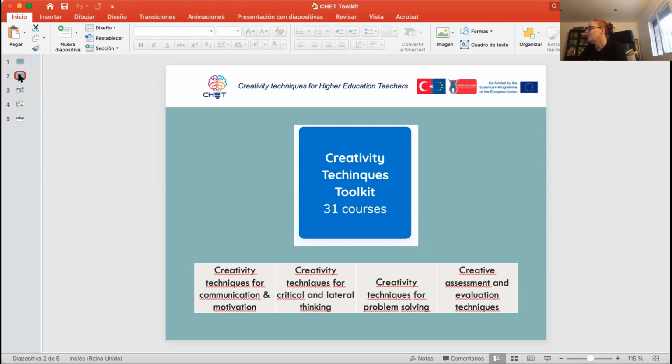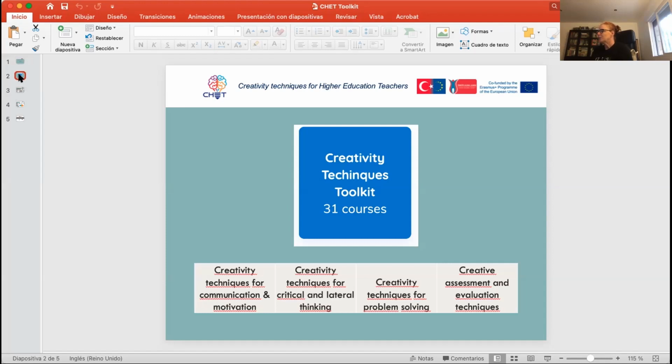But still, if you want to apply creativity techniques in your classroom and with your students, you can't go back to the traditional exam type things. You need to find also creative ways to assess them, because it's not about filling in quizzes and just the right answers to a question anymore. So this is the reason why we included the 4th type of techniques.